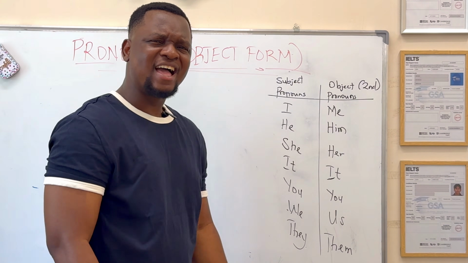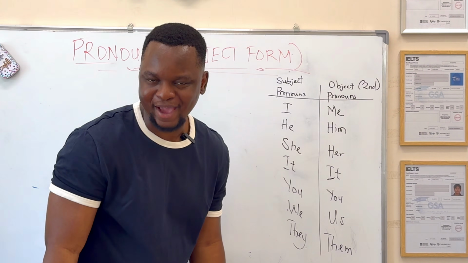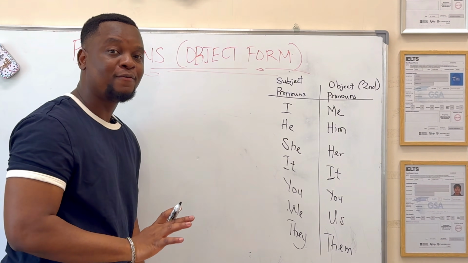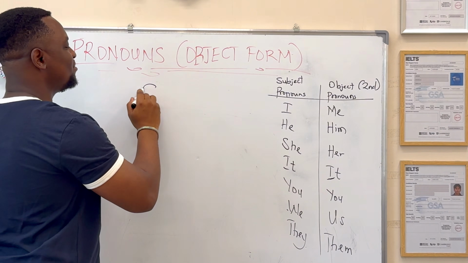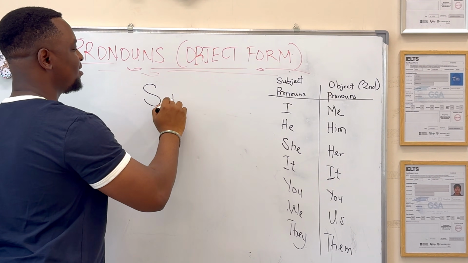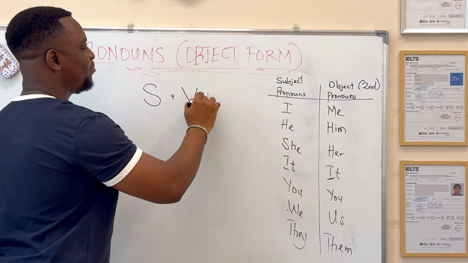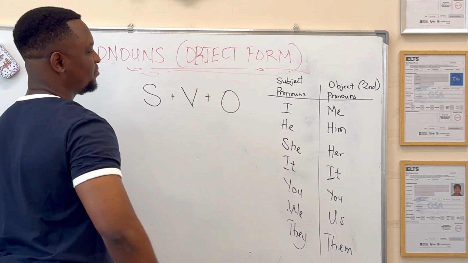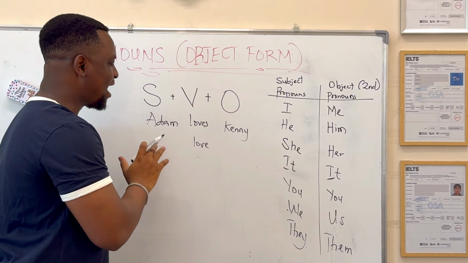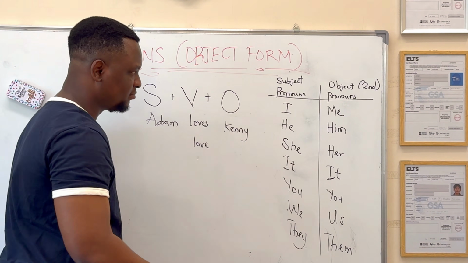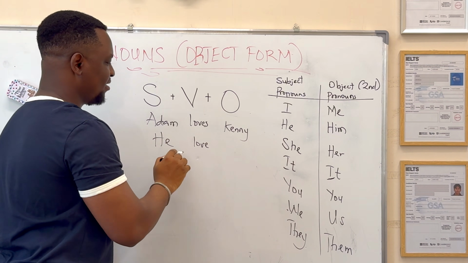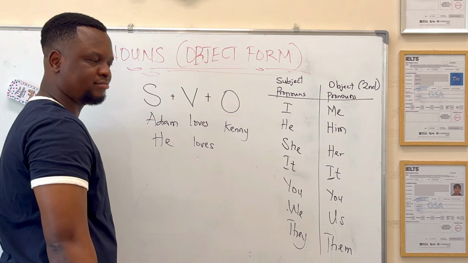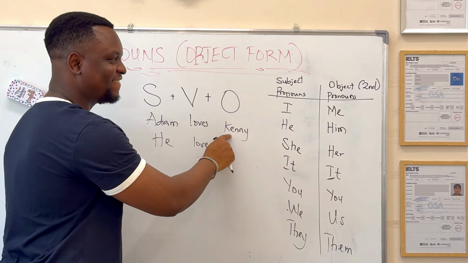Now, the question is, how do we use them? It's very easy. For a simple English sentence, we have the subject plus the verb plus object. In this situation, Adam is a man, so he loves Kenny, a girl.